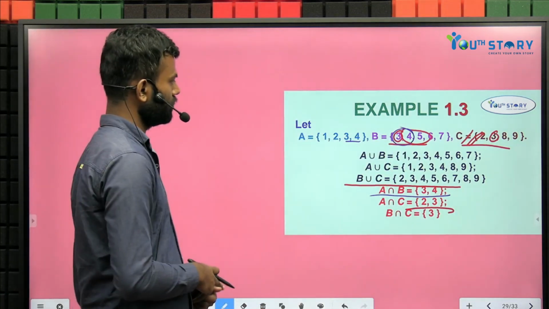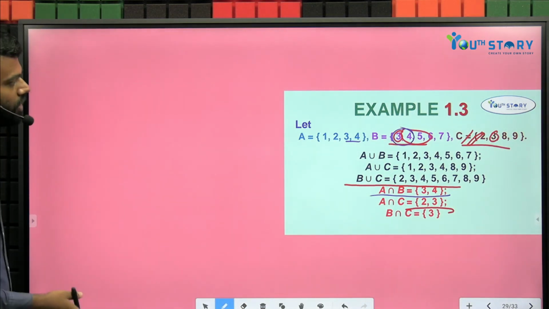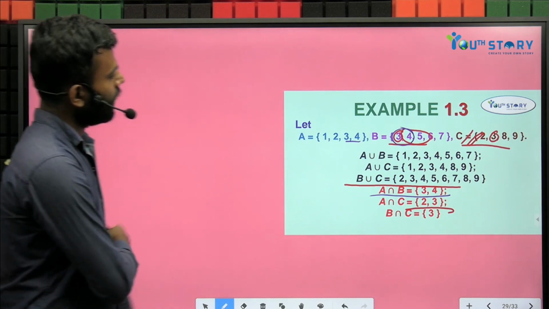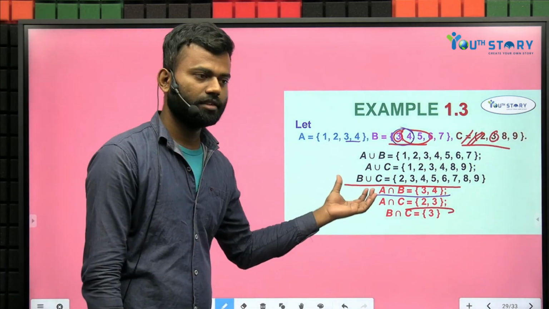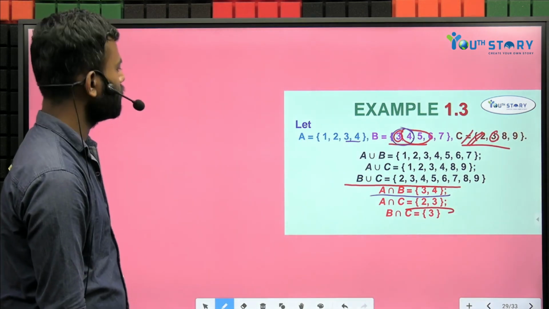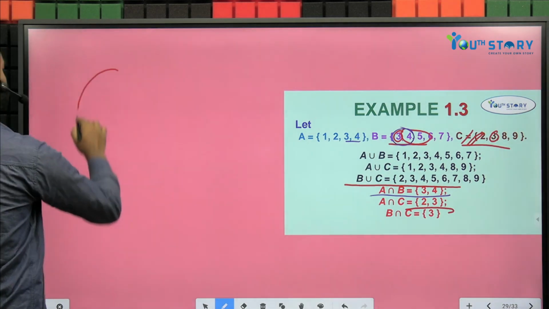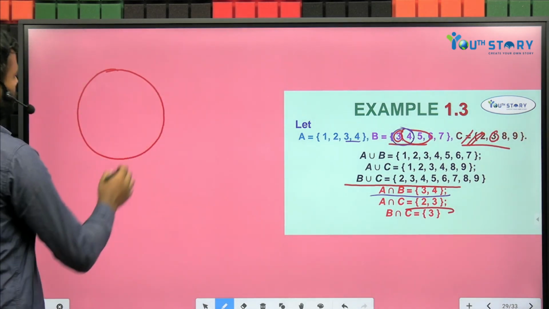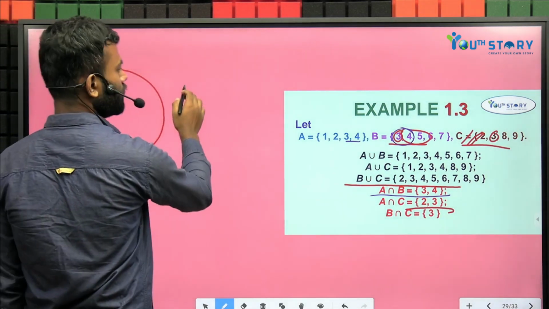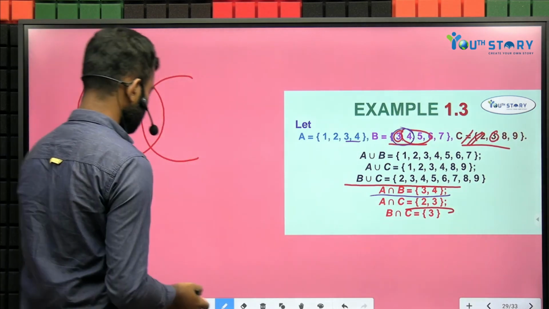If we try to draw the Venn diagram according to this data of sets, then one picture will look like this.